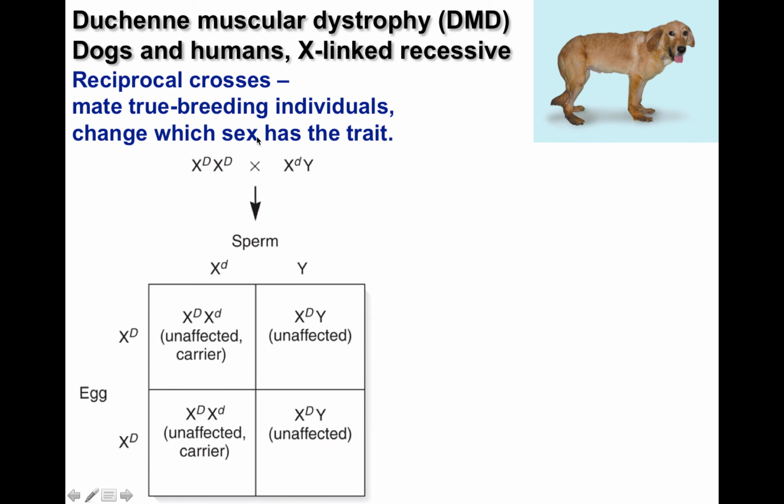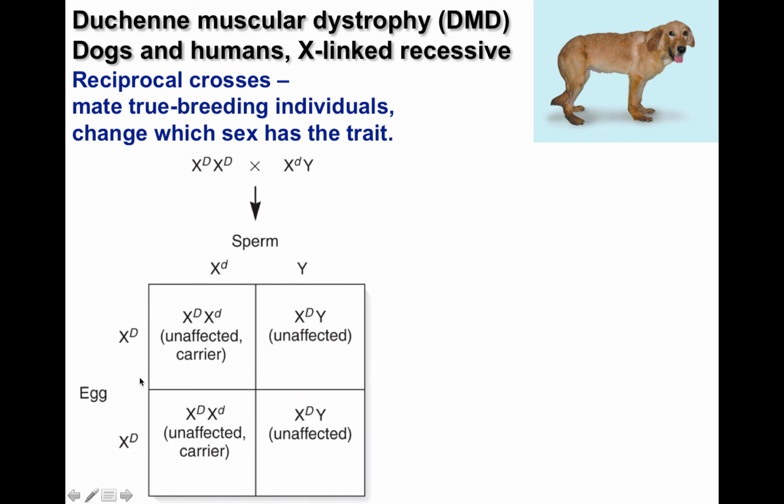If you set up a cross where the female is homozygous for the normal gene, indicated by a capital letter D in this case, and a male that is carrying the Duchenne's muscular dystrophy recessive allele, you can fill out the Punnett square down below here. The X chromosome in the sperm is going to have the recessive allele, and the other half of the sperm is going to have a Y allele.